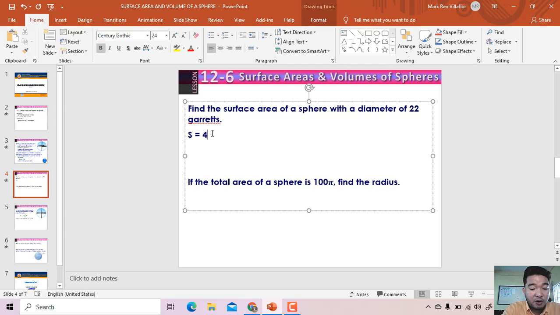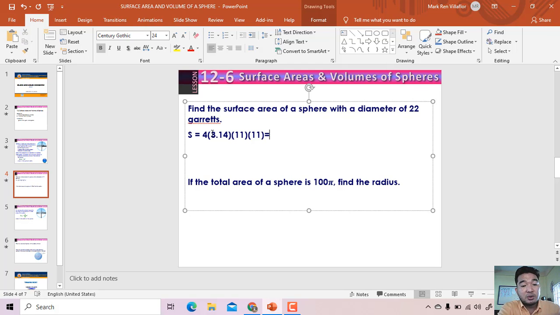So we will write 4 pi r squared, and pi is equal to 3.14, times r squared. So r times r. But the given here is the diameter. So you get 1/2 of the diameter to get your radius, and 1/2 of 22 is 11 times another 11, because that's 11 squared.